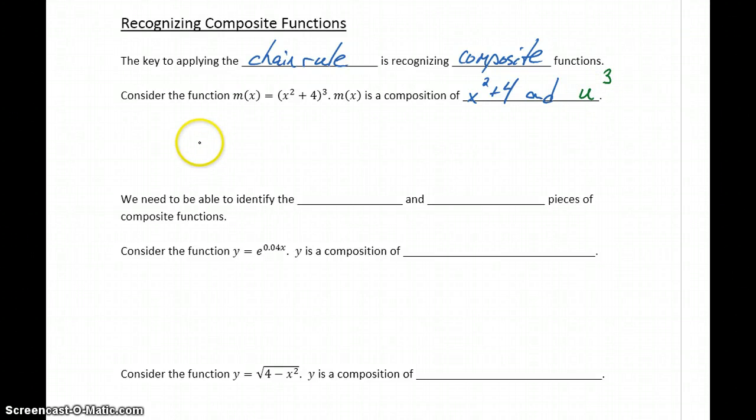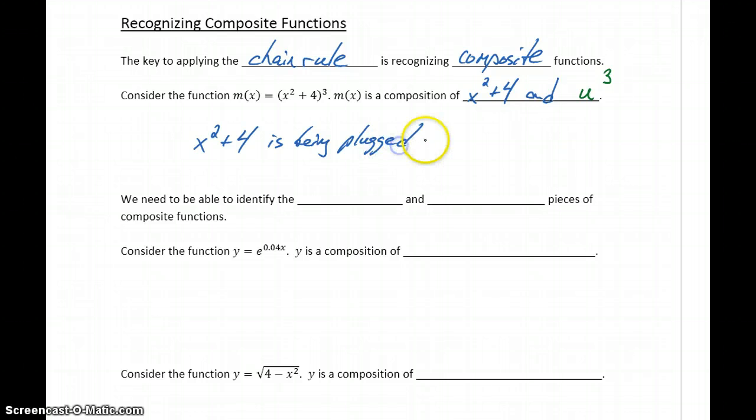So essentially, x squared plus 4 is being plugged into u to the third. So in place of u, if we wrote x squared plus 4, we would have this composite function m of x.